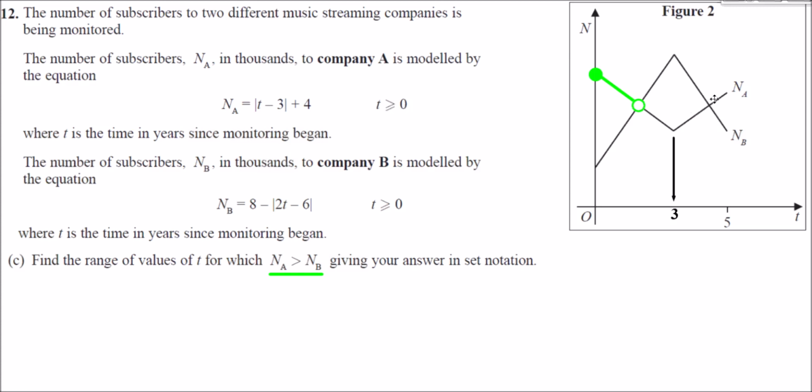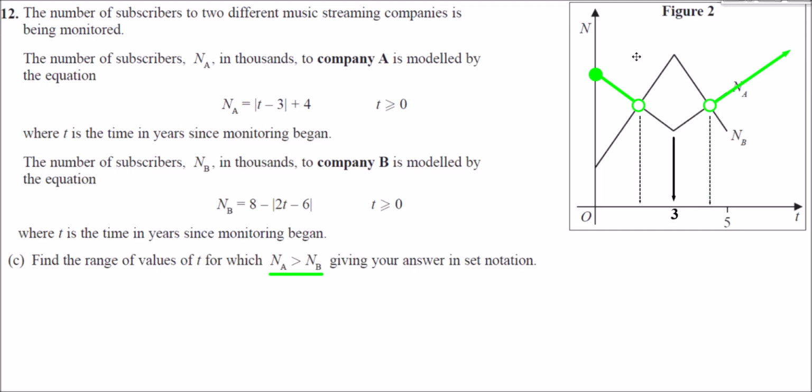So it's all of these values from here non-inclusive, going up and beyond. The first critical point I need to find is this one. The second critical point will be this one here, because from this point onwards, the number of subscribers for A is clearly bigger than B. So our second critical point is to find this value of t here.